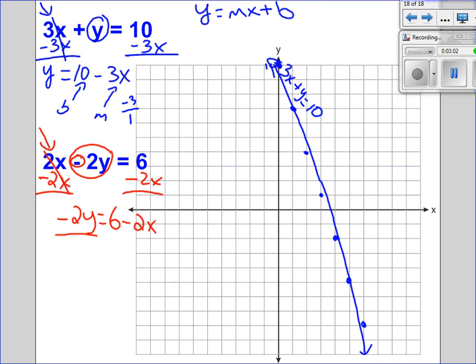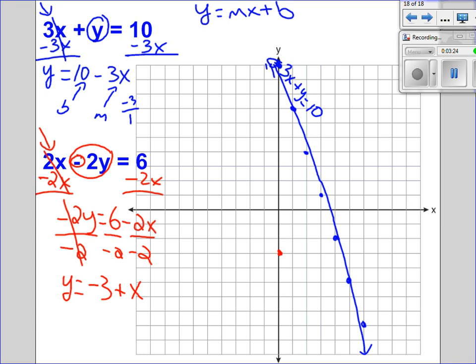Divide everything by negative 2. And we're left with y equals 6 divided by negative 2, which is a negative 3. Then we have a negative 2 over negative 2, that's a positive 1x, or just x. So y equals negative 3 plus x.